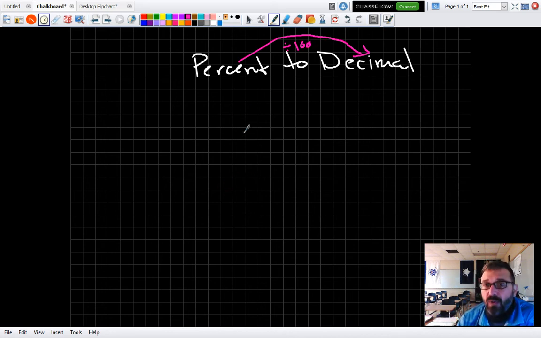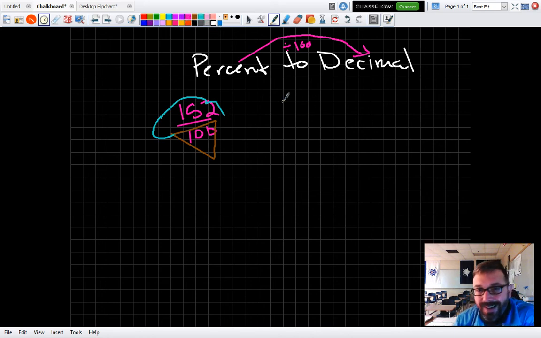So let's assume I had 152%. 152% divided by 100. Well, we can do the ice cream cone. And I know that the ice cream goes inside the freezer. So 152 goes there, 100, because we don't ever put our cones in the freezer. That makes them soggy.